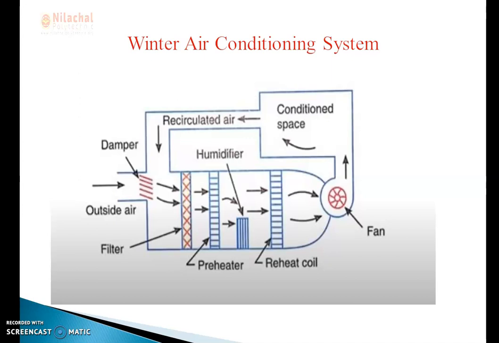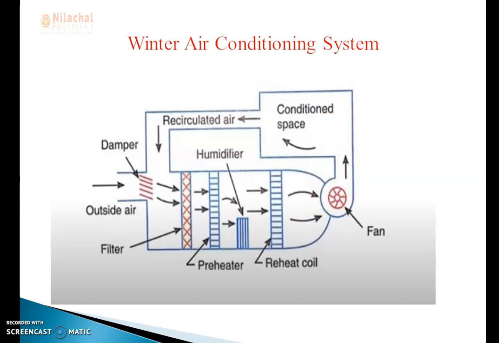After that, the air is allowed to pass through the reheater coil to bring the air to the design desirable temperature. The conditioned air is supplied to the conditioned space through the fan. Here a fan is attached, so it will supply this air to the conditioned space.